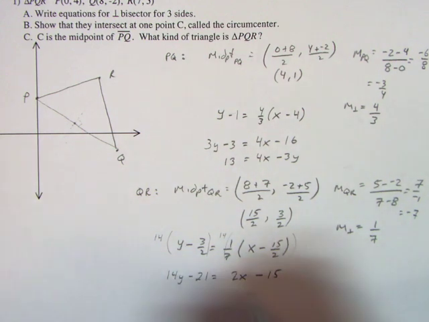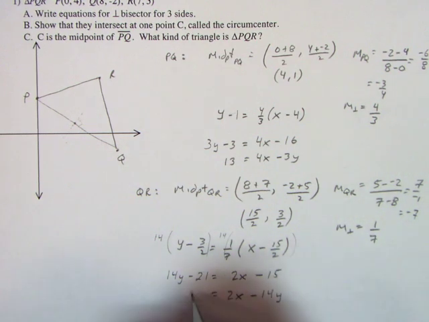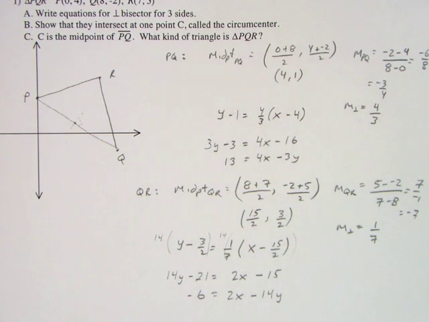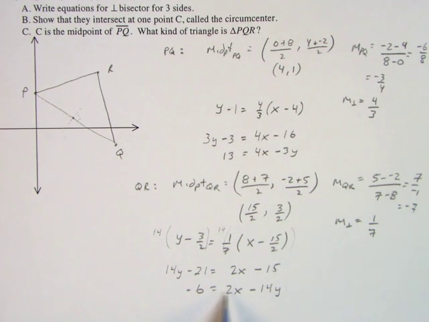Let's move the 14y to the other side, so we'll have 2x minus 14y, and then the 15 over here, and I'll get negative 6. Now, why do I want to move this stuff to the right side? Because my x value was positive on both of those, and I want to try to keep the x's positive. Now, if you notice here, all these are even.